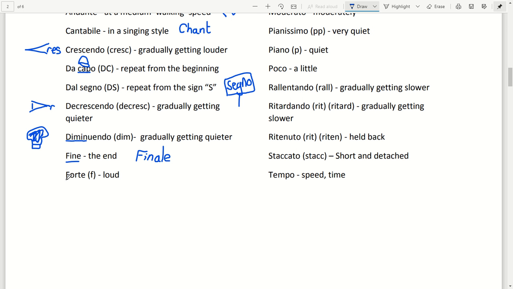Forte means loud. It doesn't actually mean loud. It means strong. And why does it mean that? If you think about the term forte in English, if you say music theory is not my forte, it means it's not one of your strong points.